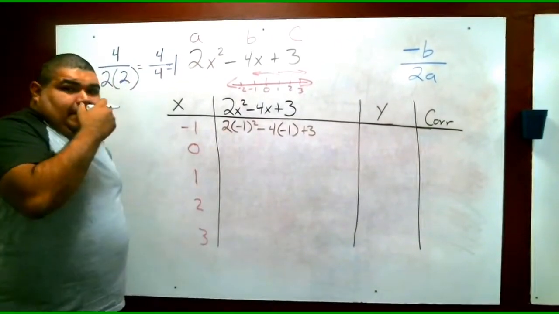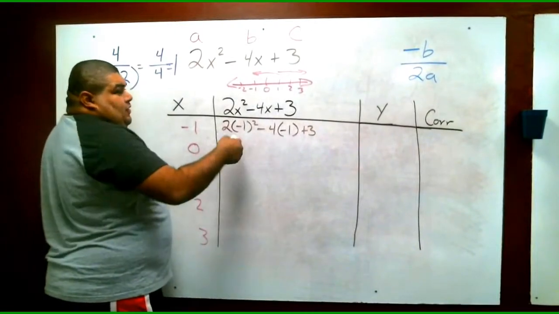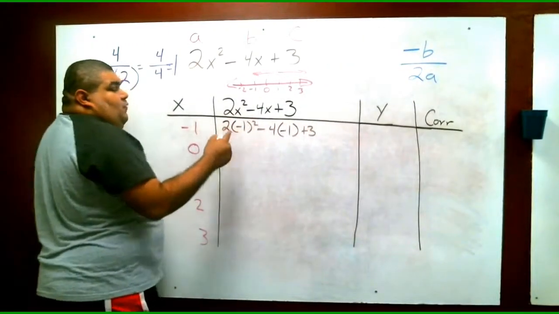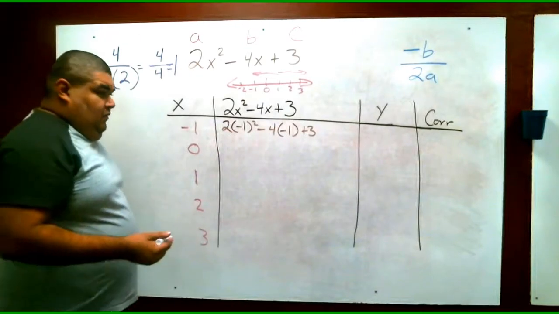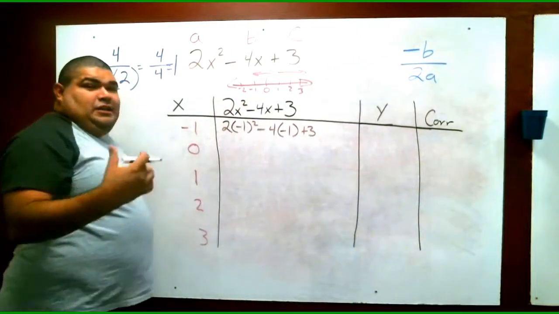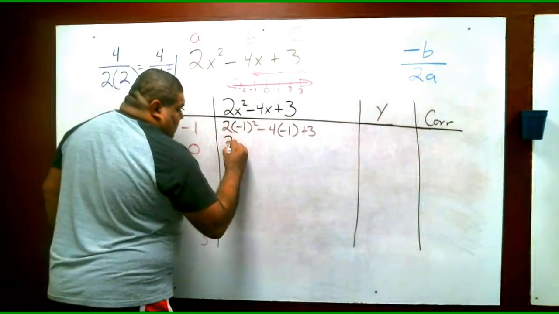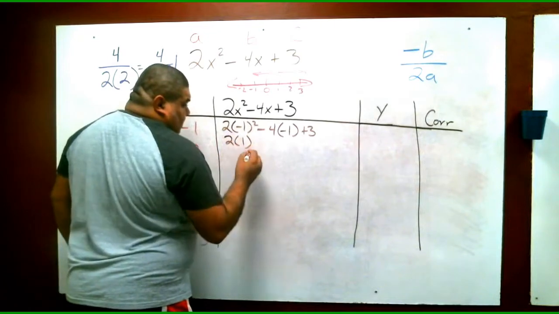Now that we have that, we can solve it. Negative 1 times negative 1. We're only focusing on the x squared, okay? Negative 1 times negative 1 is positive 1. So we have 2 times 1.